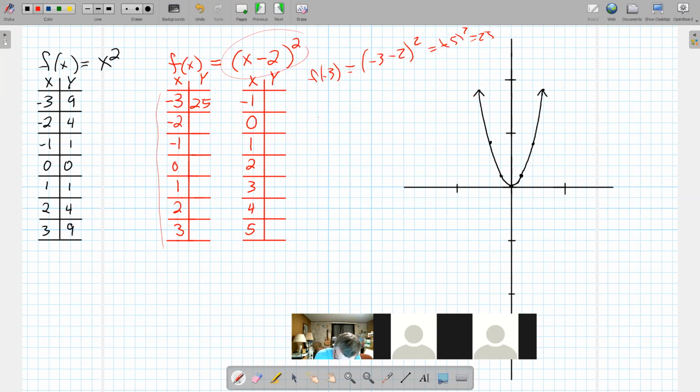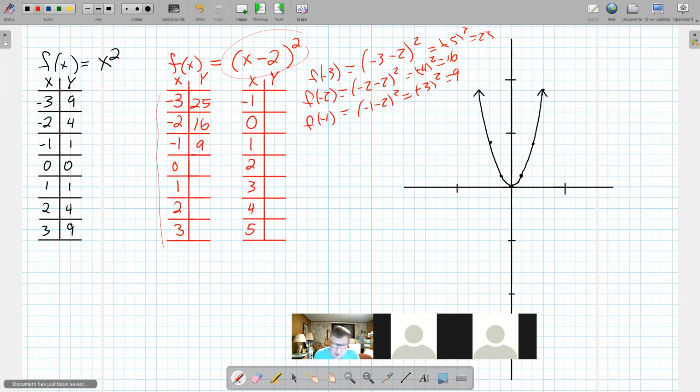If x is -2, f of -2 is (-2 minus 2) squared, which is (-4) squared, which is 16. If x is -1, f of -1 equals (-1 minus 2) squared, which is (-3) squared, which is 9. If x is 0, f of 0 equals (0 minus 2) squared, which is (-2) squared, which is 4.